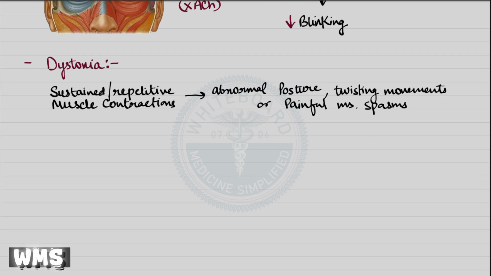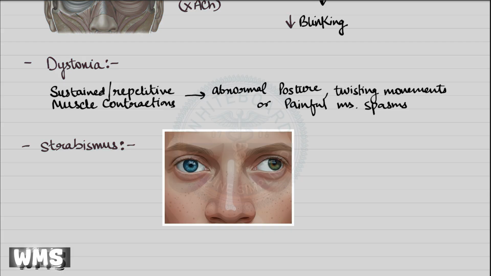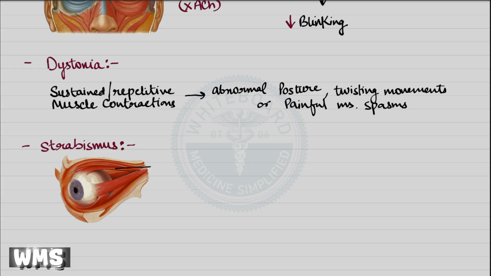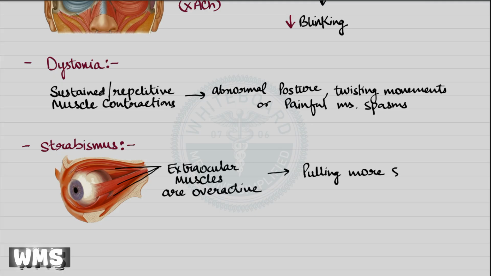The next condition is strabismus. It is a condition where the two eyes are not properly aligned because one or more extraocular muscles are overactive or pulling more strongly than the opposing muscle. As a result, one eye may turn upward, inward, outward, or downward.